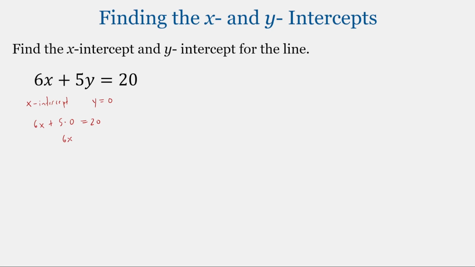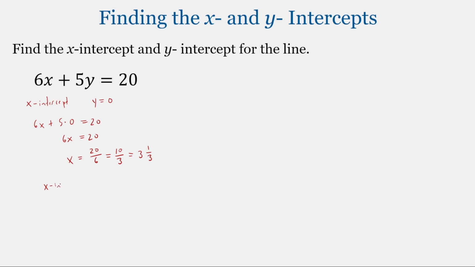So this is 6x equal to 20 because 5 times 0 is 0. Now we have x equal to 20 over 6. We could simplify this down. So 20 over 6 is 10 over 3, and then we can write this as 3 1/3.